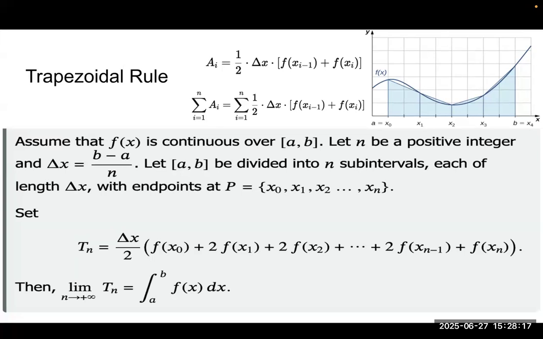So numerical integration is all about how you sum your samples, and you can get a different, much faster convergence with respect to the number or the spacing of the samples.